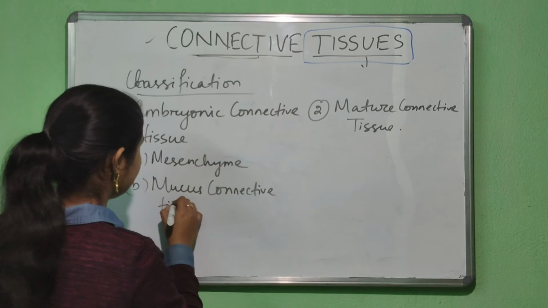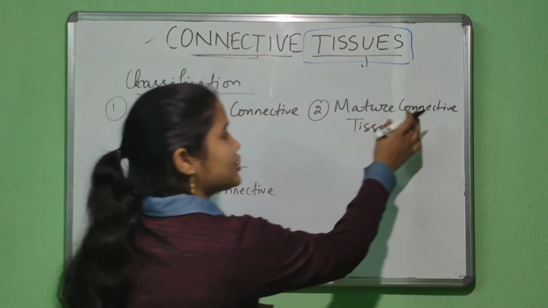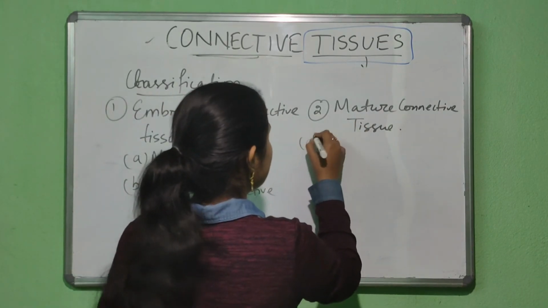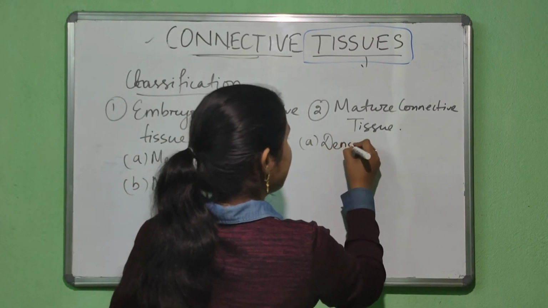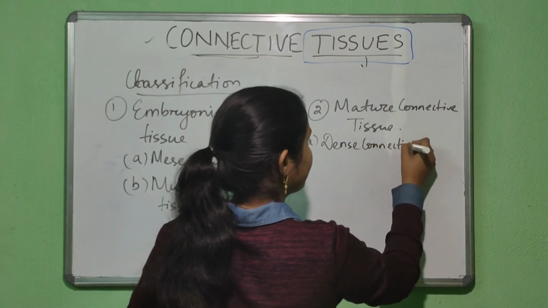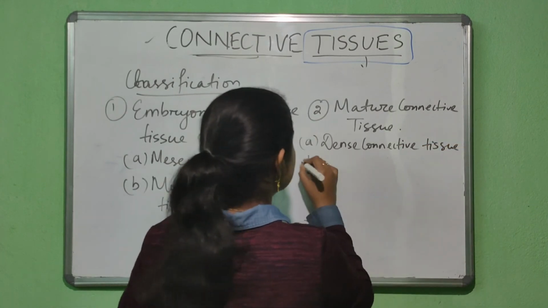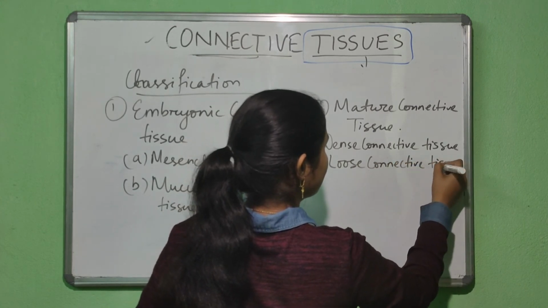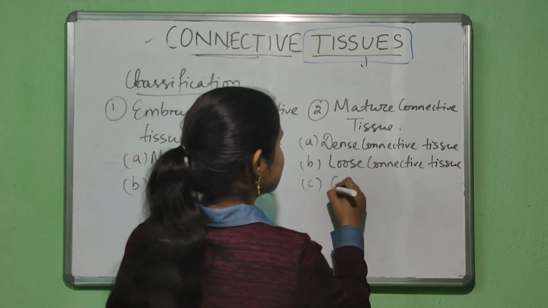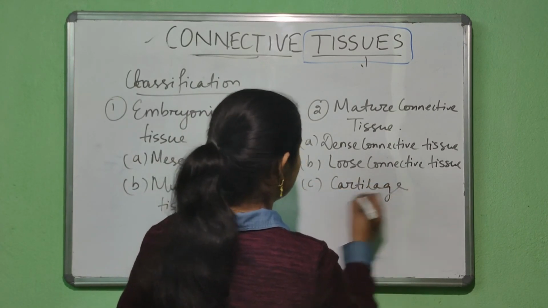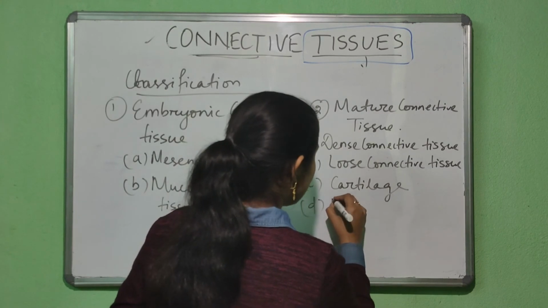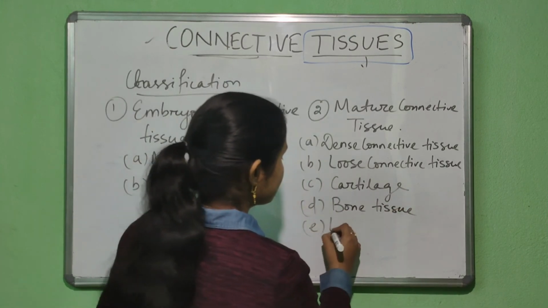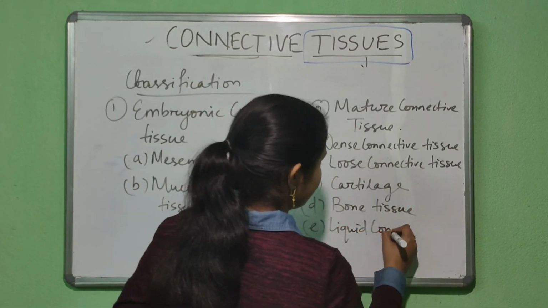And under mature connective tissue, five types of tissue come. The first one is the dense connective tissue. The second one is the loose connective tissue. The third one is the cartilage. The fourth one is the bone tissue. And the last one is the liquid connective tissue.